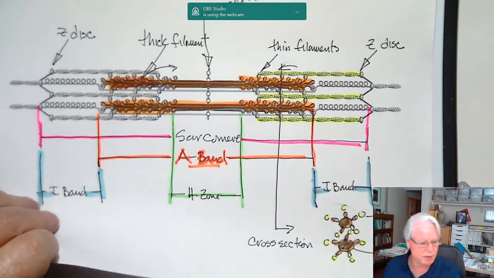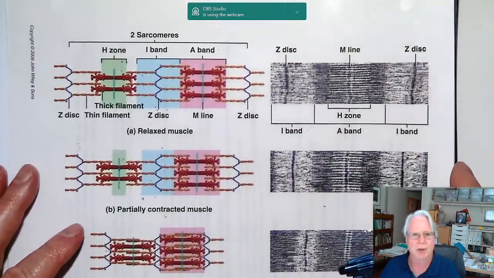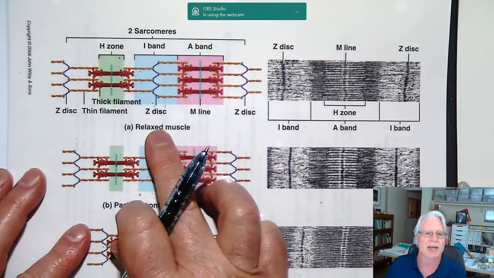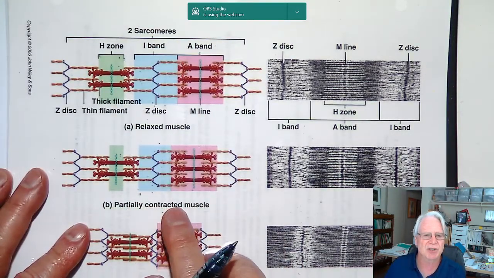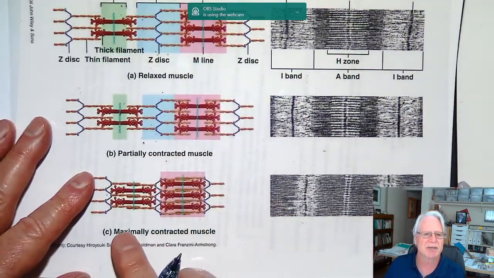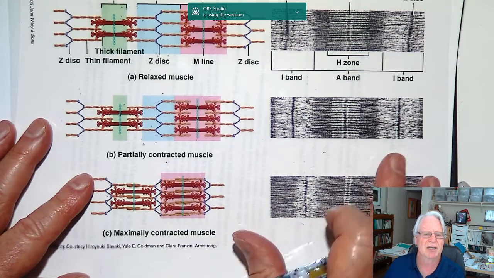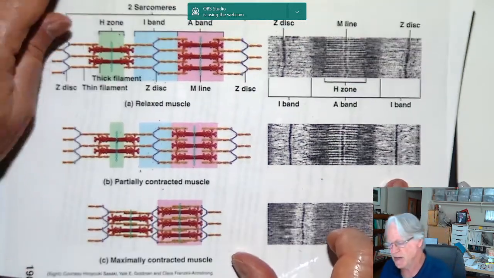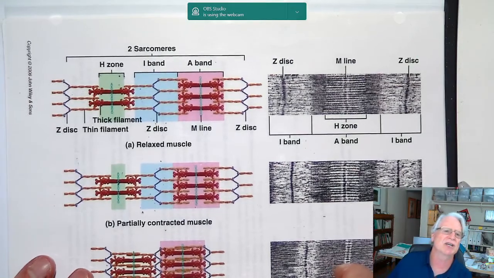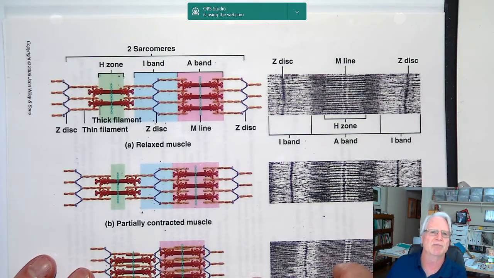One last image to drive the point home. And it's this image right here. So we have a relaxed muscle, a partially contracted muscle, and a maximally contracted muscle. What we want to do is pay attention to what's happening to each of these zones and bands.